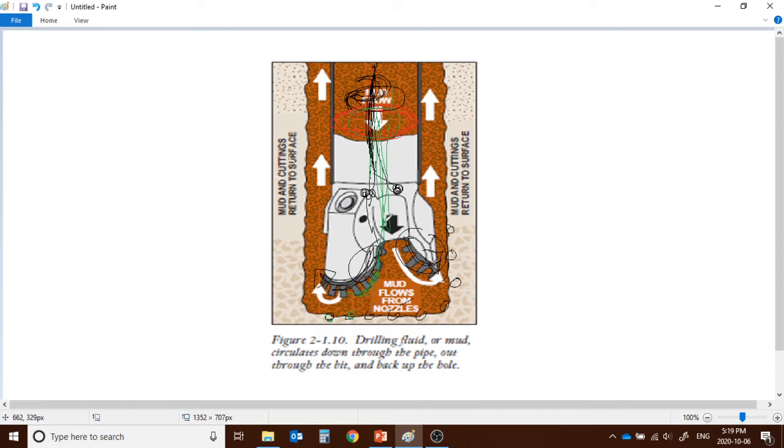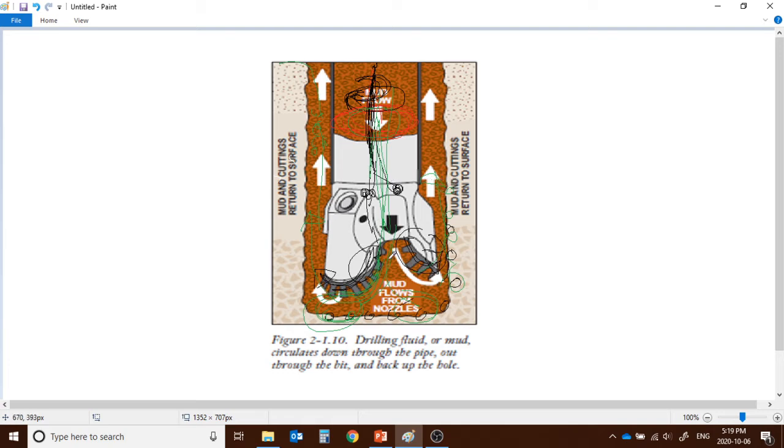This mud washes out all these cuttings. Then when you give the pressure toward here, it will go up, and we collect it. So we collect the mixture of mud and chips, these cutting chips, together at the top. So this is how the rotary drill works.